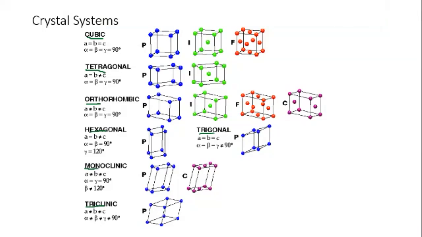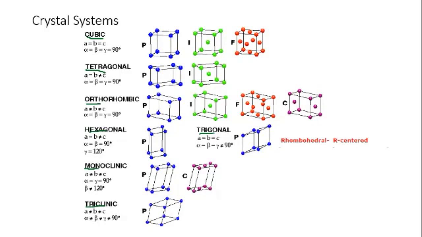Now, sometimes with trigonal, you may have also something called rhombohedral. Rhombohedral and trigonal are the same thing, except the rhombohedral is what we call R-centered. And we'll talk more about that when we're doing space groups.